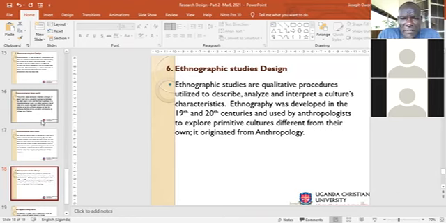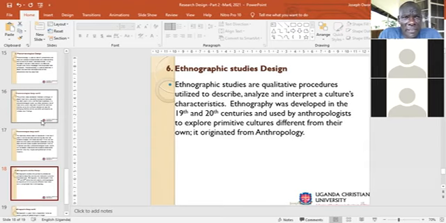Since African culture maybe has something to do with ethnicity, why don't we study it in that context? And why don't we call that study design ethnography? Because every ethnic group is different.